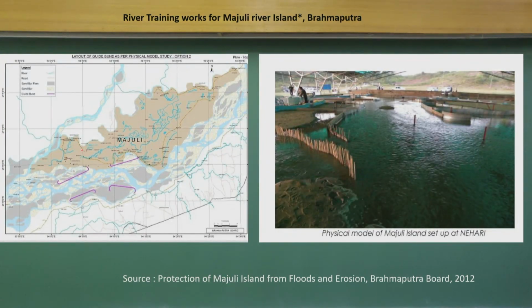The next part was done for the Majuli River Island, which is in the reports: protection of Majuli River Island and erosions in 2012. You can see these rivers, and they want to have a guide bank at these locations.